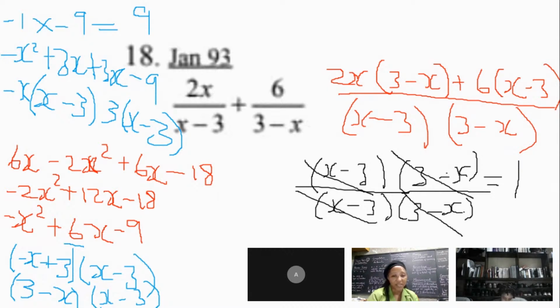And that gave us 6x minus 2x squared, which we wrote over on the left-hand side. When we divided the LCM by the 3 minus x, we're left with x minus 3, and we multiply the 6 by that. And that gave us 6x minus 18. So now I realize that's going to give us a quadratic.